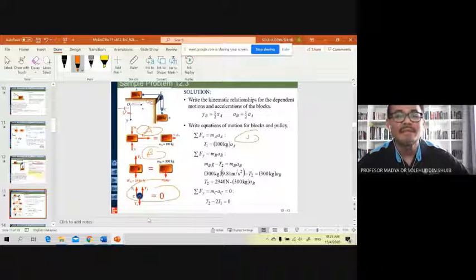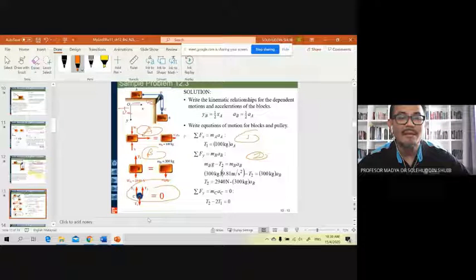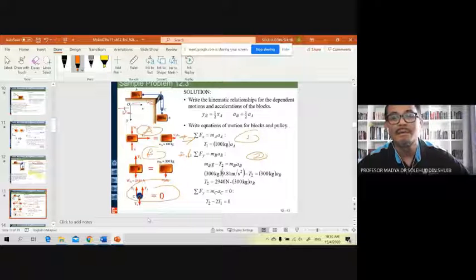Sum of Fx equal to m times a. You have T1 equal to 100 kilograms times AA. Then the second part is the summation of forces in the y direction. This direction is positive, and this one going downward is positive.